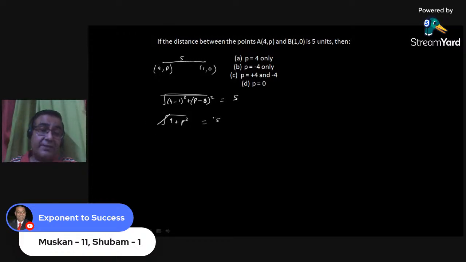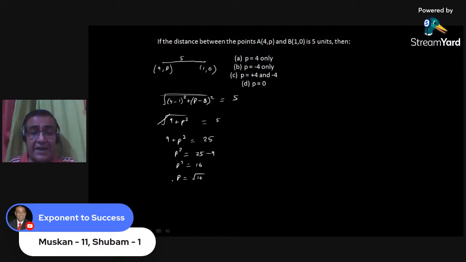Squaring both sides, I get 9 plus p square is equal to square of 5, which is 25. So p square should be equal to 25 minus 9, or p square should be equal to 16. Taking square root of both sides, I get p is equal to square root of 16, and that should be plus 4 or minus 4, because whenever we are finding the square root, it has to be both plus or minus, because 4 square is also 16 and minus 4 square is also 16.